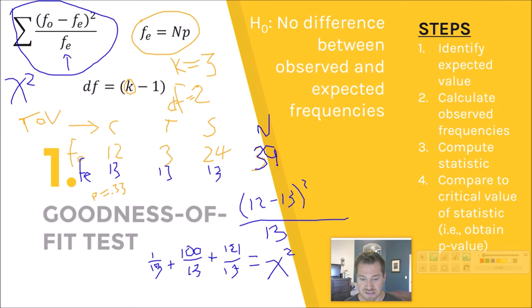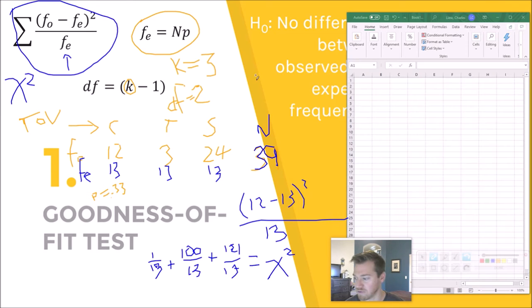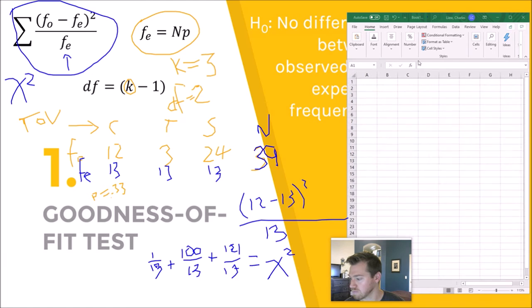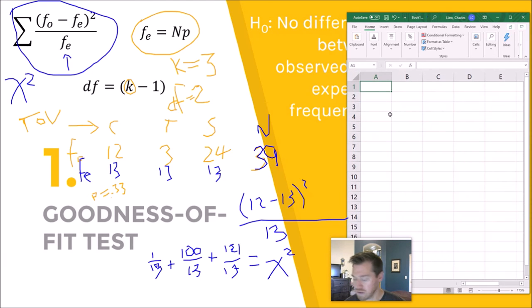So let's pull up Excel here, and we can do that real fast. So if we do equals 1 divided by 13 plus 100 divided by 13 plus 121 divided by 13, we get 17.08.